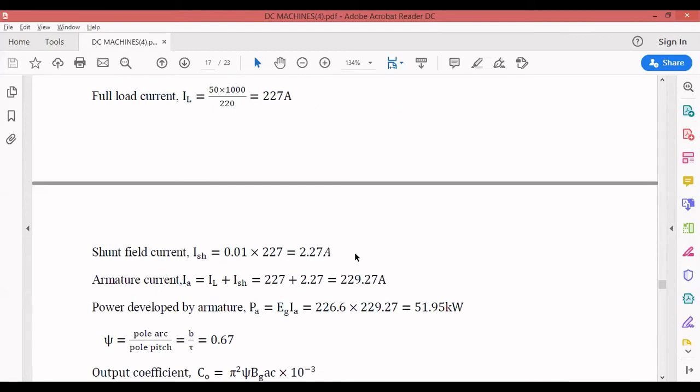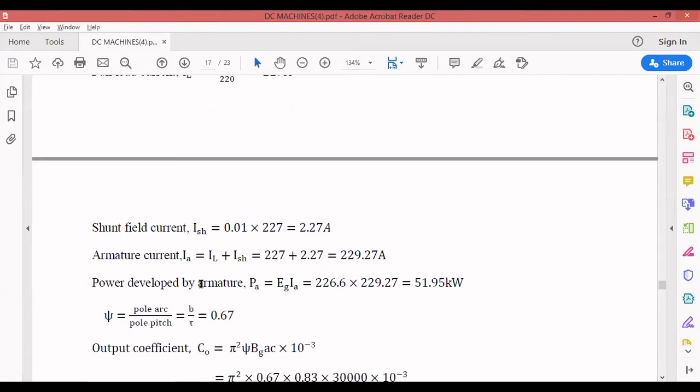So the shunt field current is 1% of the rated full load current: 0.01 into 227, which is equal to 2.27 amperes.